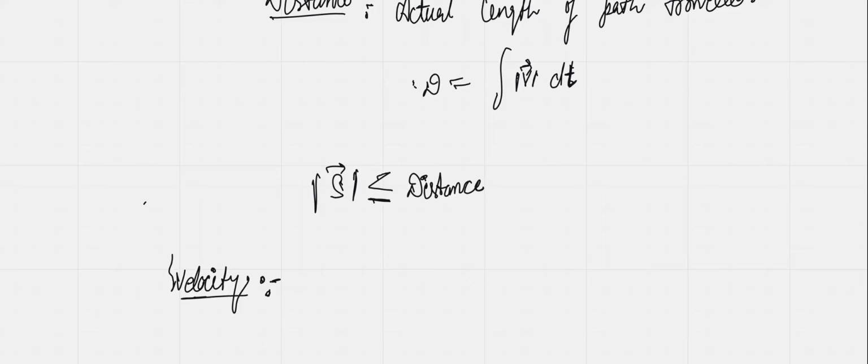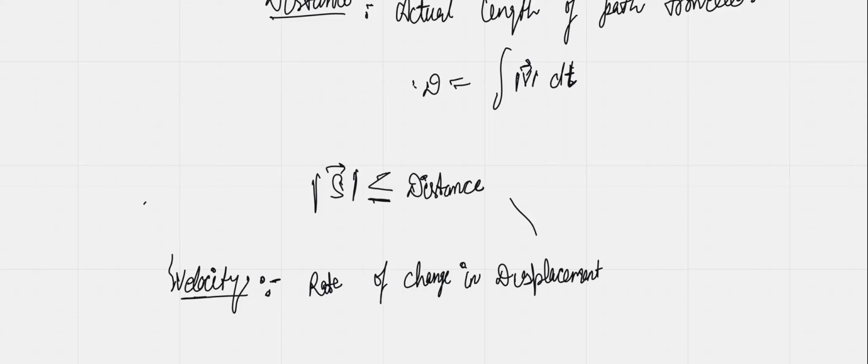Rate of change in position. Change in displacement by time is the formula. Change in displacement by time, you can say. Or you can simply say rate of change of position. Rate of change in the displacement, let's say. Actually, I think this is not a good statement.